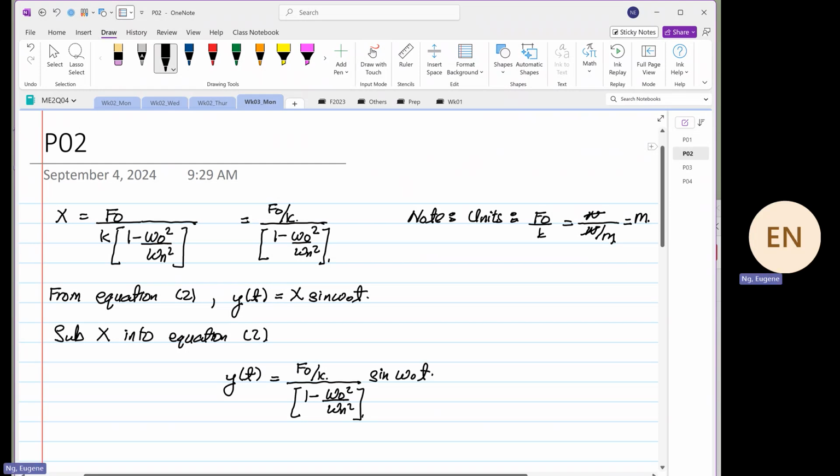I don't usually use the term it makes sense, but it's valid, right? Why is it valid? Because the units here are in meter. Okay.